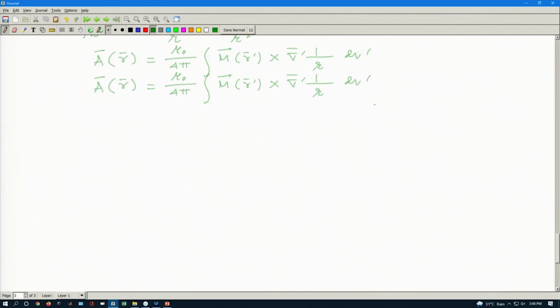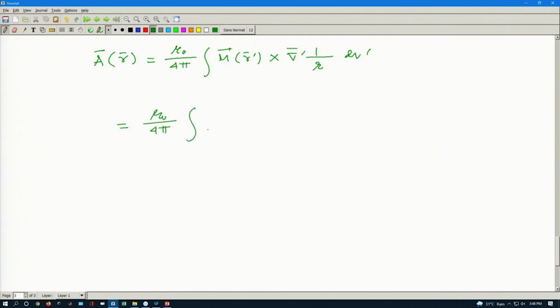Now, I can make use of the relation for the curl of a scalar times a vector, so I can write this in this way: mu 0 divided by 4 pi, integrate the curl of 1 by r times m, dv prime, minus mu 0 by 4 pi integration of 1 by r times curl of m, dv prime.